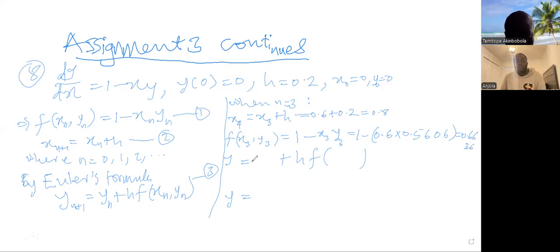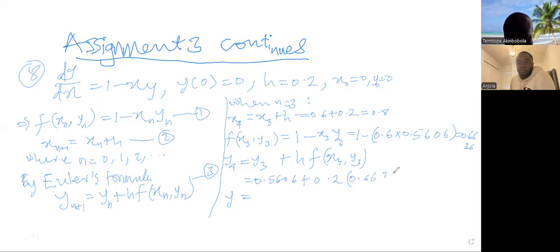Is that clear? So y of 4. Don't forget we're doing n equals 3, so it's going to be 3 plus 1, equals y of 3 plus h times f of x3, y3. What's our y3 that we obtained the other time? 0.5606. 0.5606 plus h, which is 0.2, times f of x3, y3, that's 0.6636.